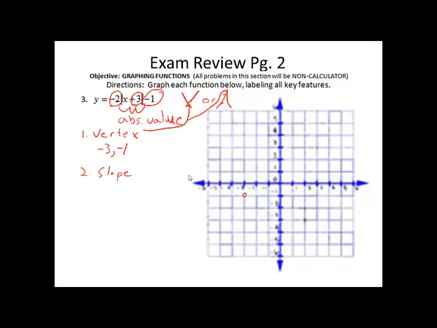If it's between 0 and 1, then it's going to be a wide V. And this negative determines that the V is going to be upside down. So our slope is -2 or 2.